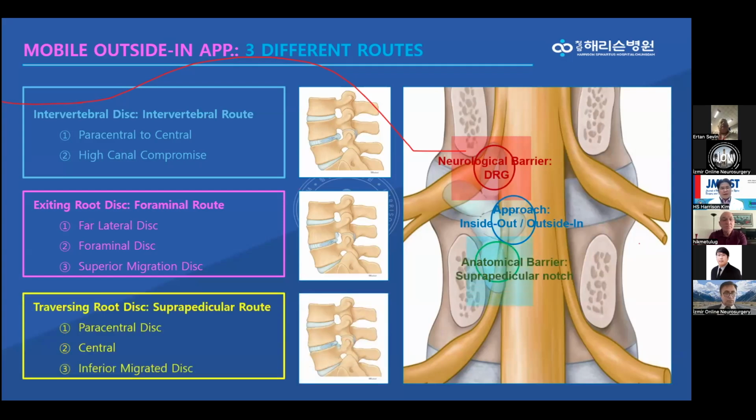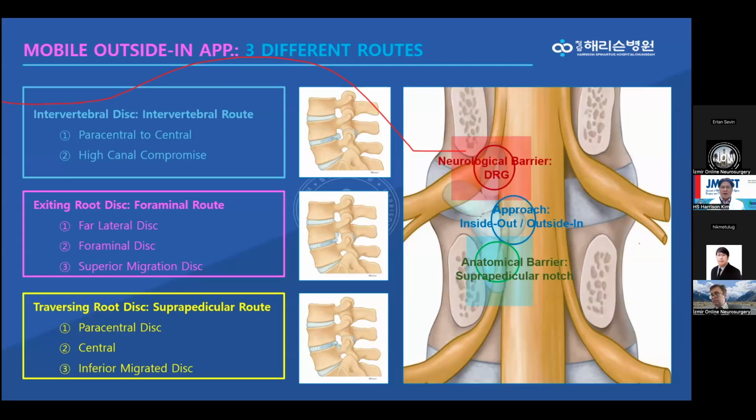And then the third route is the suprapedicular route, used for paracentral disc, central disc, and inferior migrated disc here. But in this area, the suprapedicular route has a big anatomical barrier of bony structures.